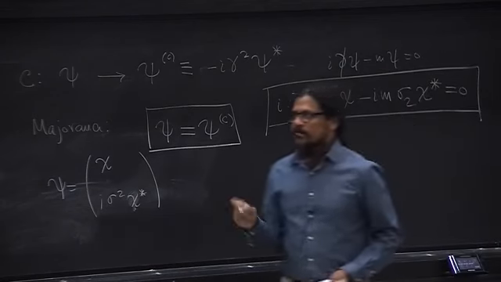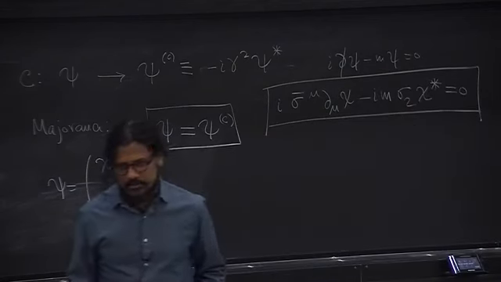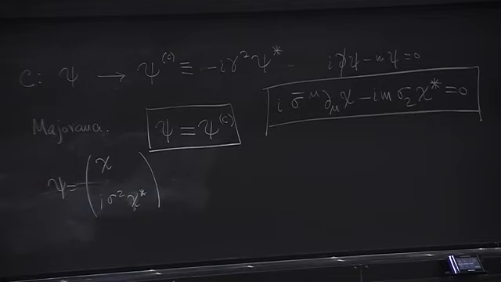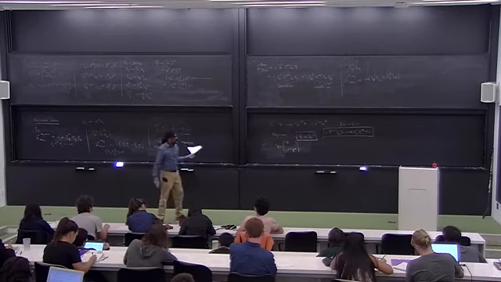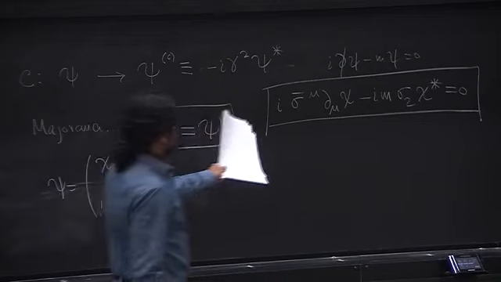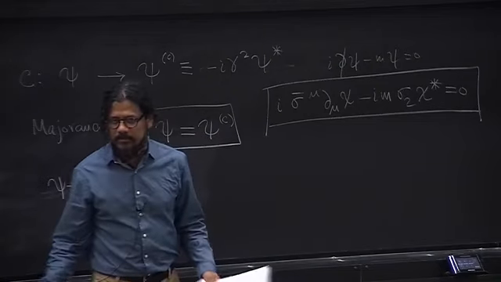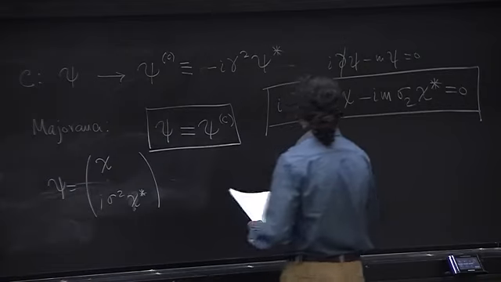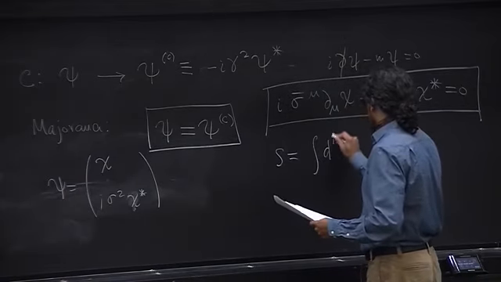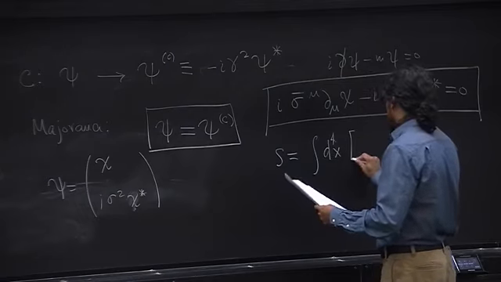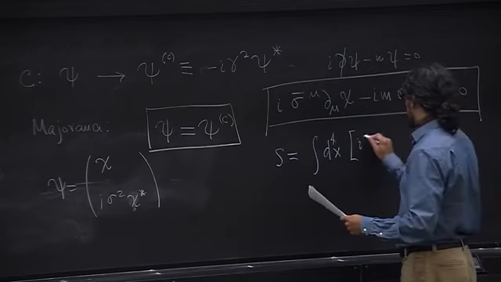You cannot derive the Majorana equation from the Dirac Lagrangian, because when you do the variational principle, the left-handed and the right-handed components of the Dirac spinor are no longer independent, because it's Majorana. So to derive this equation, you have to use a different Lagrangian. And that Lagrangian, or action, happens to be this.